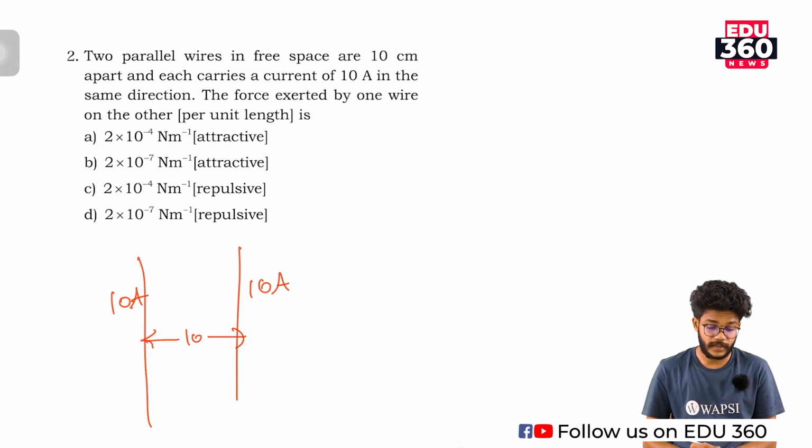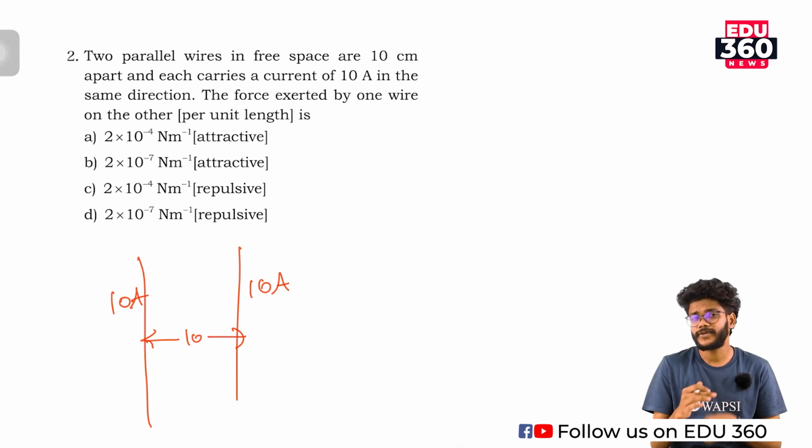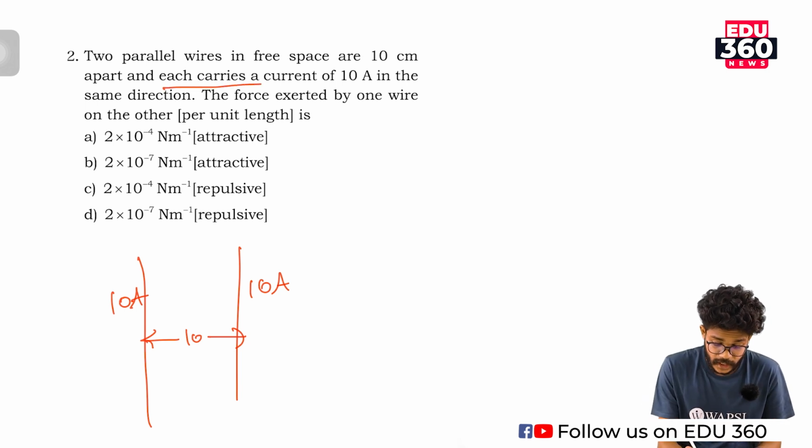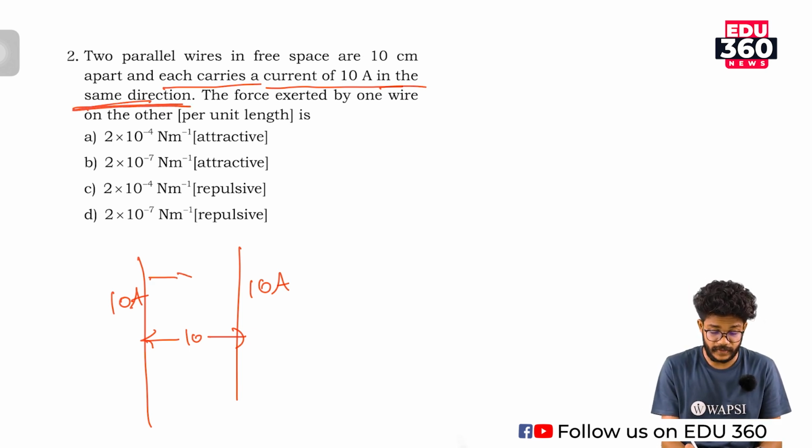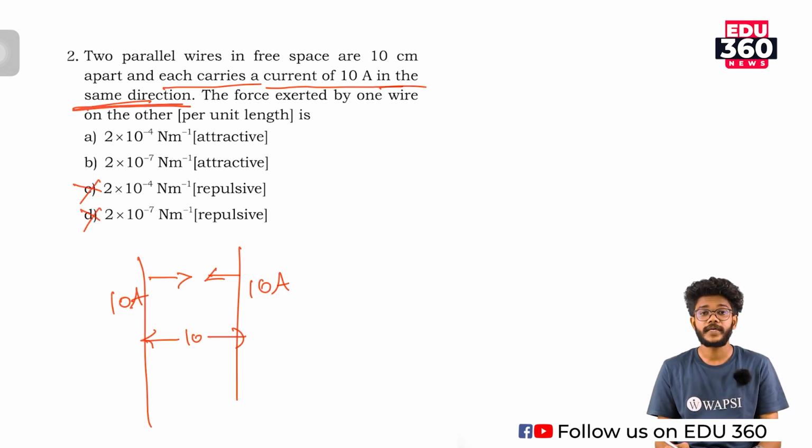We want the magnitude of the force, and also the direction, because the options are attractive, repulsive. The two currents are in the same direction, and the same direction means the force is attractive. So option C and option D can be neglected.